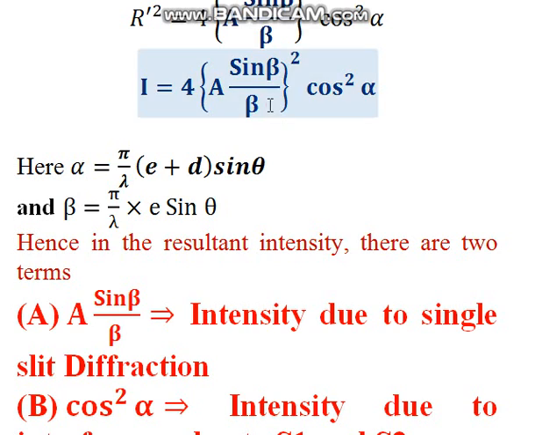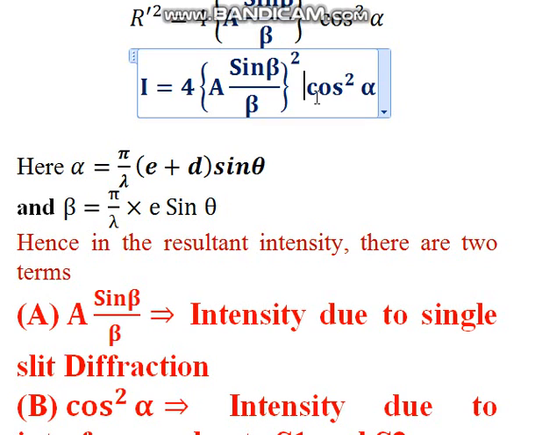Here, a keen observation of this expression tells us that there are basically two terms. The first bracket term is the single slit diffraction term. This is the intensity due to the single slit diffraction, while the second term is the interference term.